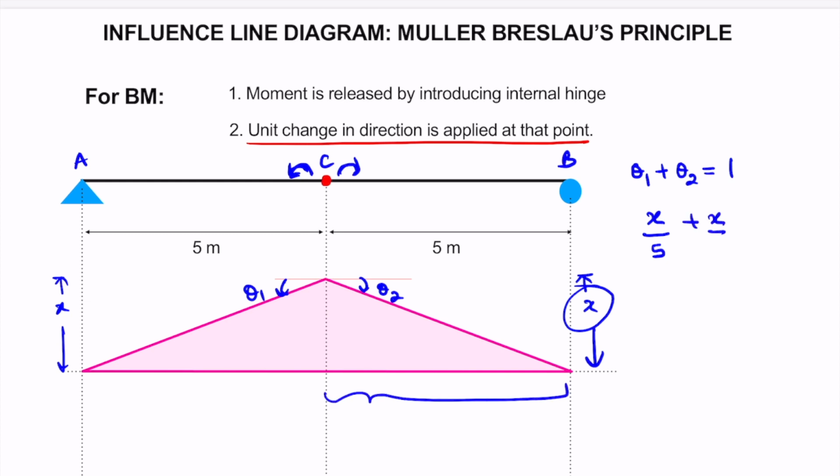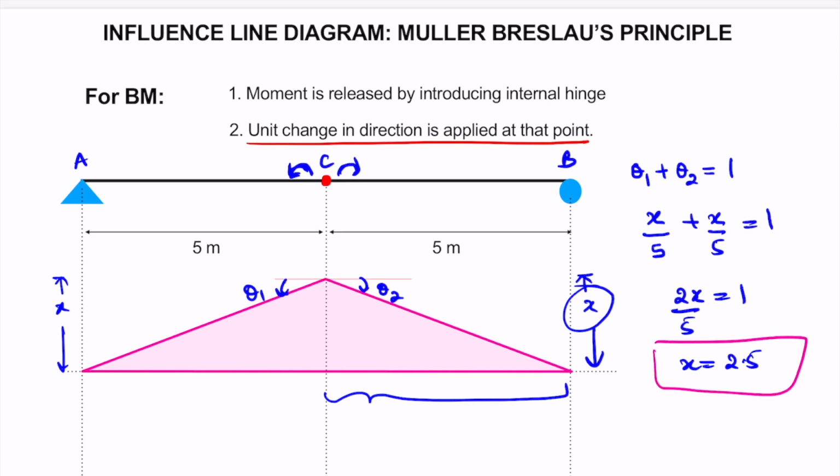Since theta 1 and theta 2 are very small, we can write it like this, equal to 1. From here we get 2x by 5 equal to 1, and x is equal to 2.5. So we can get the value of x here like this.